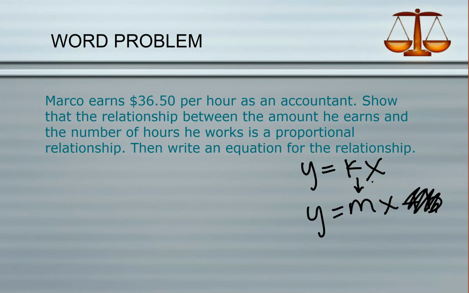One thing that I want you to pay attention to is this word per. When you look at the word per, you'll get keywords that tell you what your constant is. So here we have $36.50. Another word that I want you to learn for constant is slope.